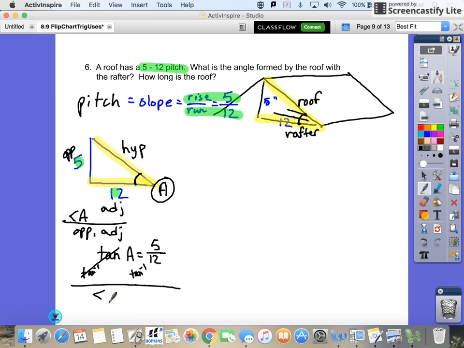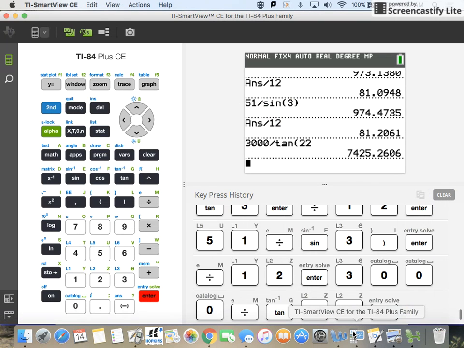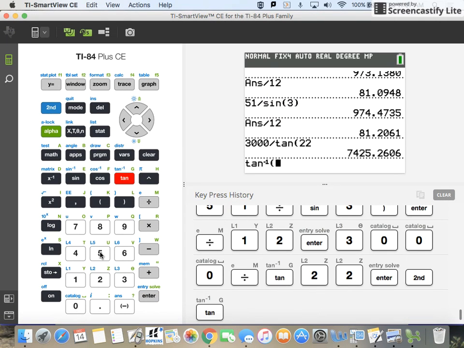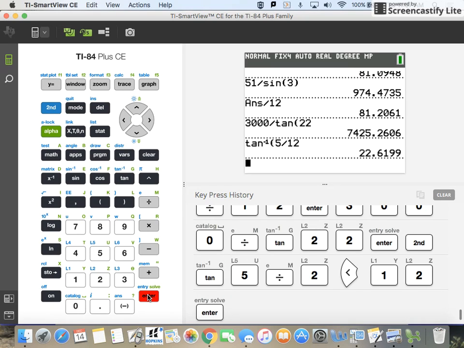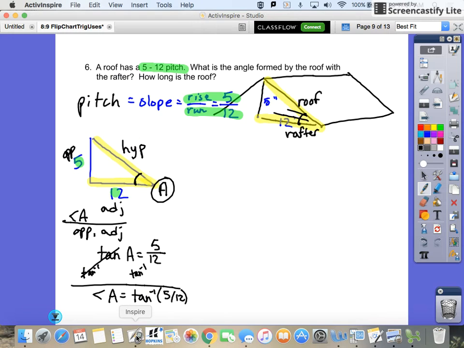So angle A equals the inverse tangent of 5 over 12, which is about 22.62. So that means this is about a 22, 23 degree angle right here.